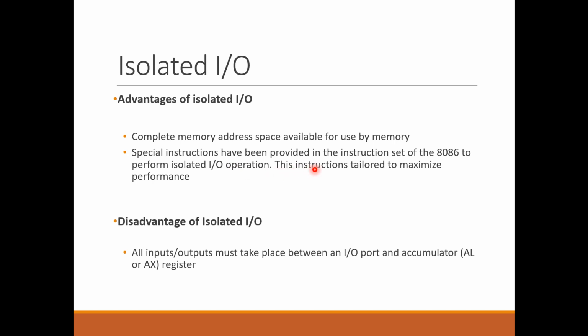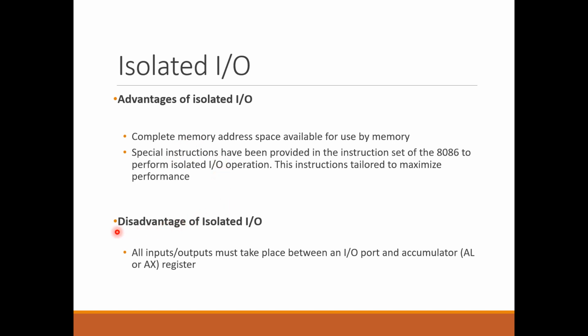These instructions are tailored to maximize the performance of the 8086 microprocessor. So when the isolated I/O interface is used, those instructions can be executed, and in this way the performance of the microprocessor is going to be increased.